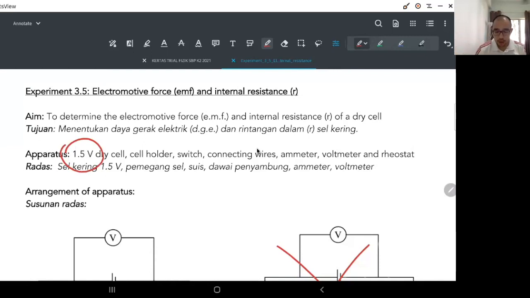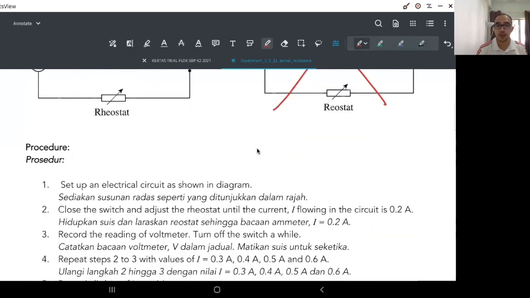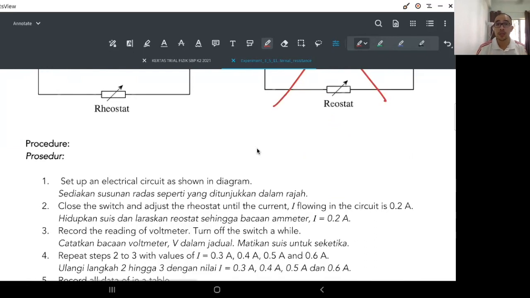I want to go through these questions because I think we didn't really go through it so much. You have to close the switch, adjust the rheostat until the current is flowing in the circuit. This procedure is given to you, and I would suggest that in the coming 1 week, you memorize both experiments in case it is an open experiment.